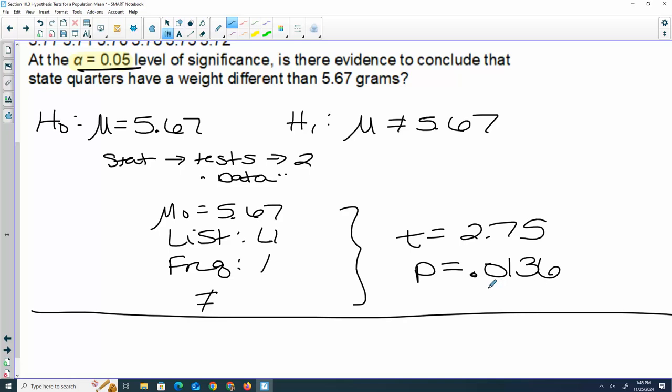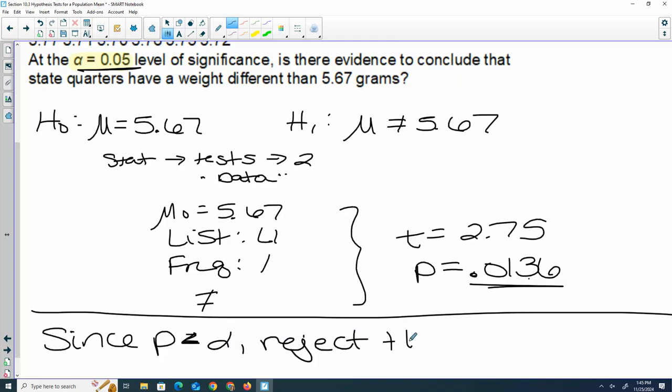Is that smaller than? 0.0136 is smaller than 0.05. So since p is less than alpha, we reject, we have evidence to conclude the state quarters have a different weight.